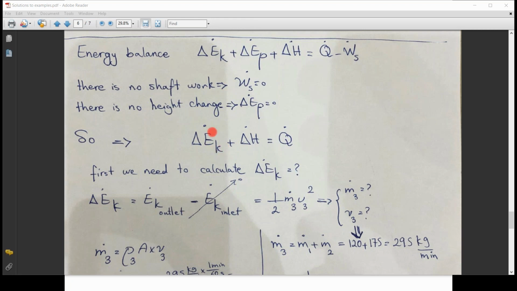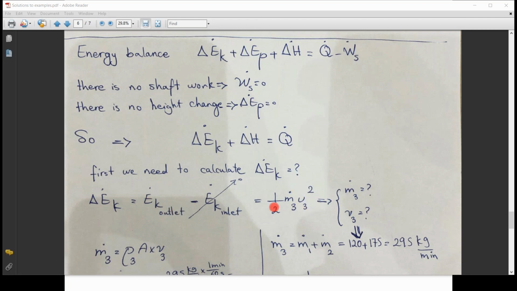So I just wrote what delta EK is. We start with each component. First, we start with delta EK, then delta H, and then we can calculate Q easily. So what is delta EK? Delta EK is EK outlet minus EK inlet. EK inlet, based on the problem assumption, is negligible or considered to be 0. So what is left is kinetic energy at the outlet.